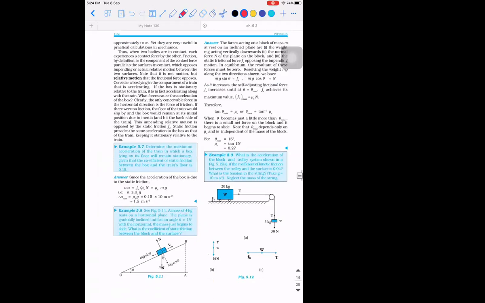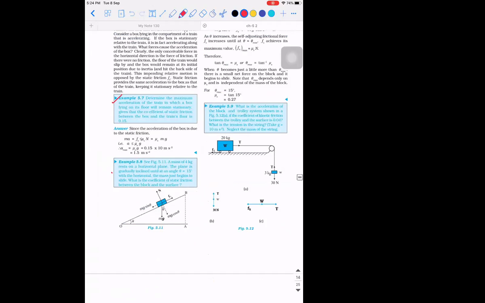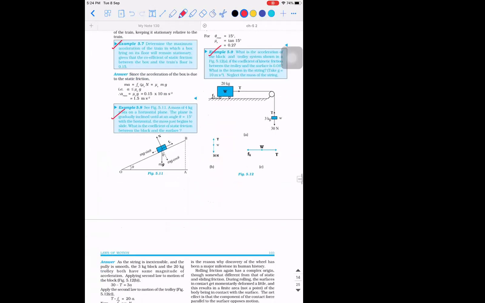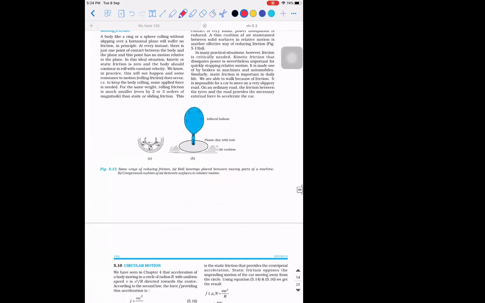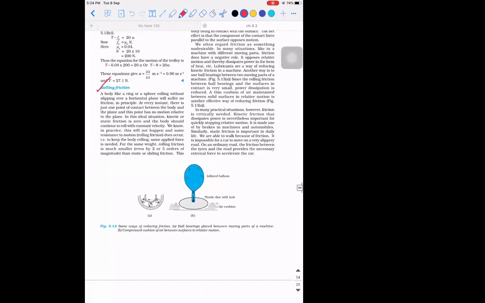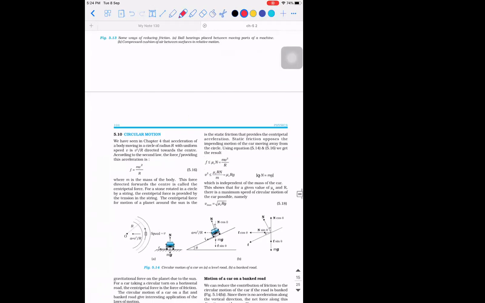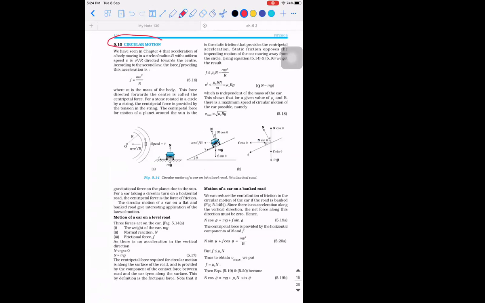Then there are a few problems given on angle of repose and such, which you can calculate and solve. For rolling friction, they have just given you the theory part. The last part left in this chapter is circular motion. We are going to see how friction supports objects in circular motion, especially when a car is taking a turn on a road.